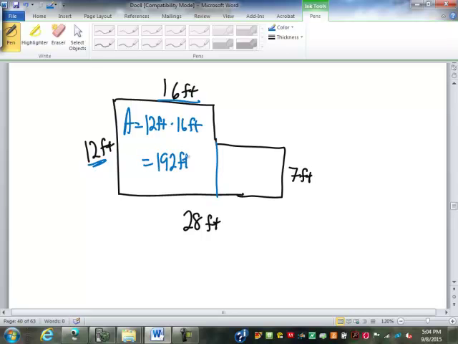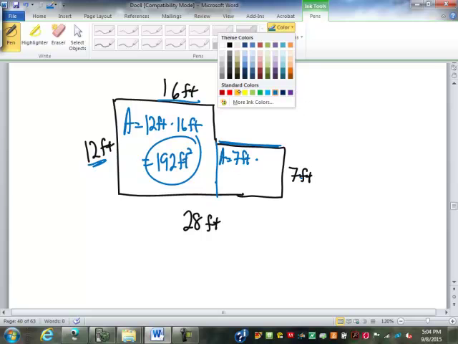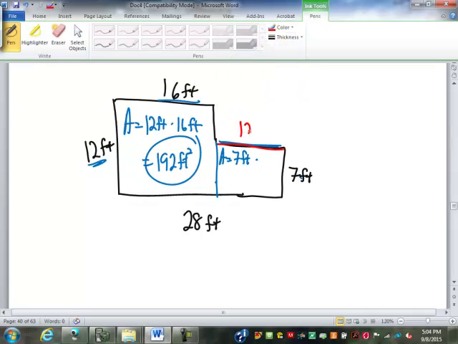This one here is 7 by what? What's this dimension? Where'd you get that from? Okay, very good. It's 28 feet all the way across here. These 2 sides must also add up to be 28.